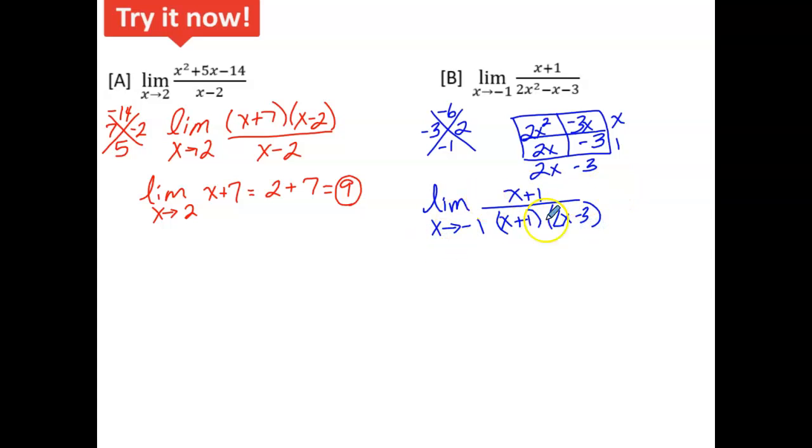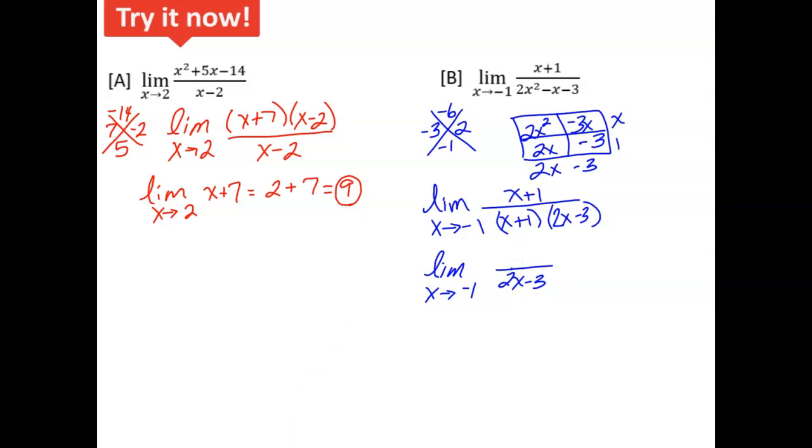The x plus 1 factors will cancel, leaving a 1 in the numerator. So I'll be evaluating the limit as x approaches negative 1 of 1 divided by the quantity 2x minus 3. And now we can evaluate that using direct substitution.